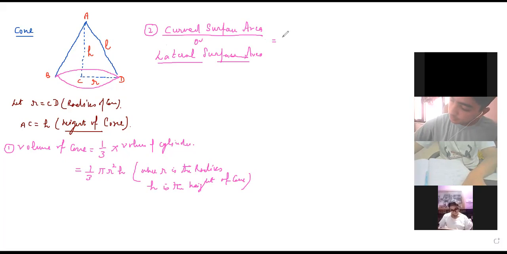So what is this curved surface area? Imagine a circus tent. Suppose this is a tent which is installed on the ground.